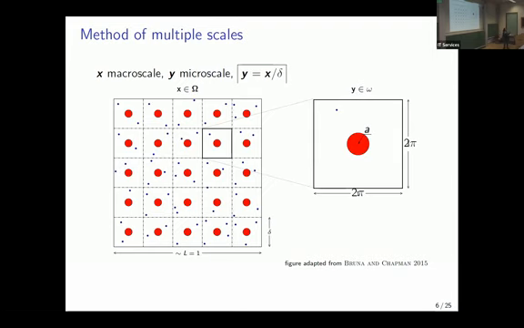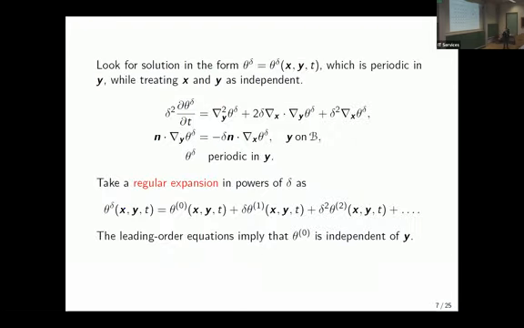And because of the large difference between the two scales, the usual thing is to consider the microscale and the macroscale as independent and write the rescaled concentration in terms of x and y. That affects the spatial derivatives, and then the diffusion equation becomes something like that.